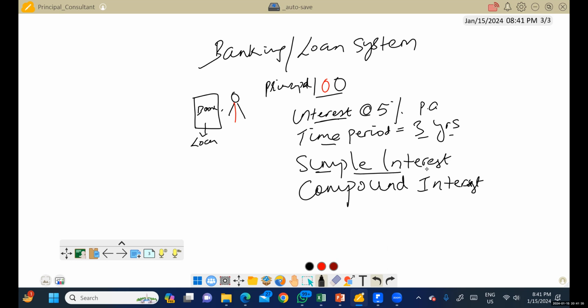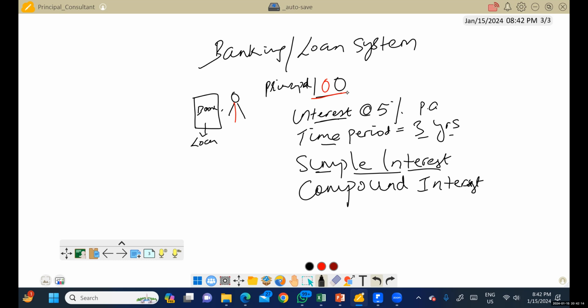Let's say you have taken a loan from your father. The same 100 rupees you have taken from your father, and you are paying him 5% every year. It means you are paying him 5 rupees as interest. When you pay that 5 rupees as an interest, your principal is still 100.